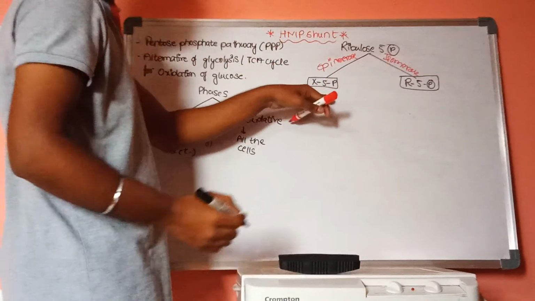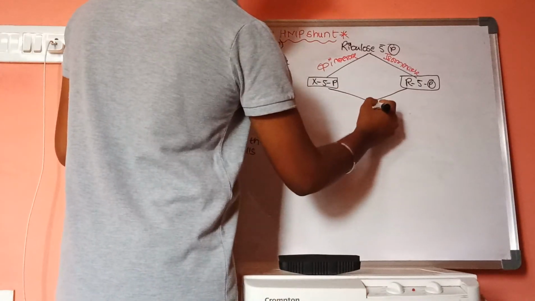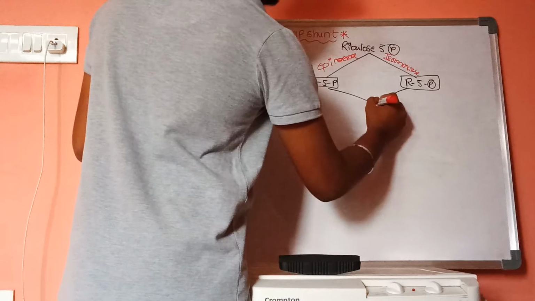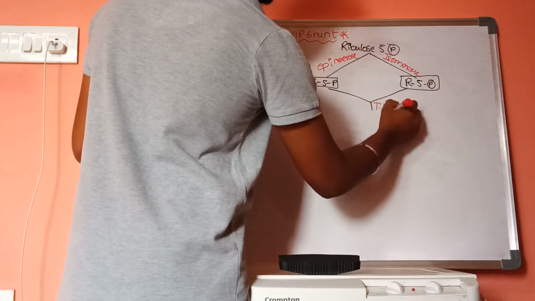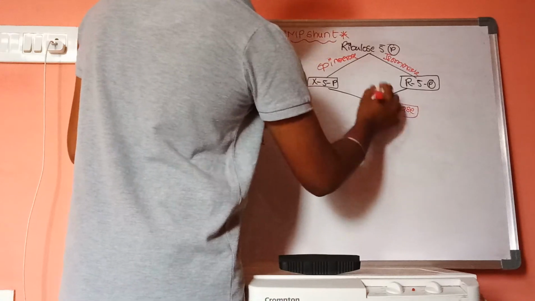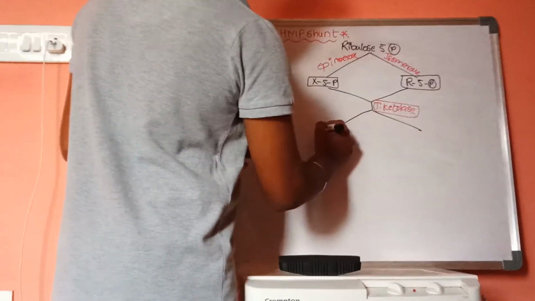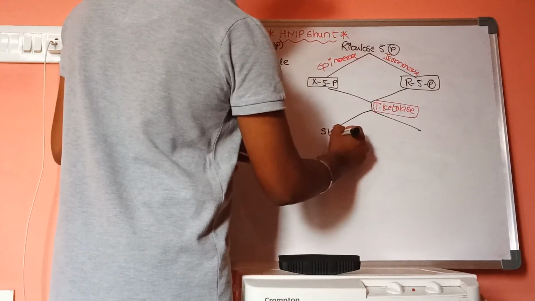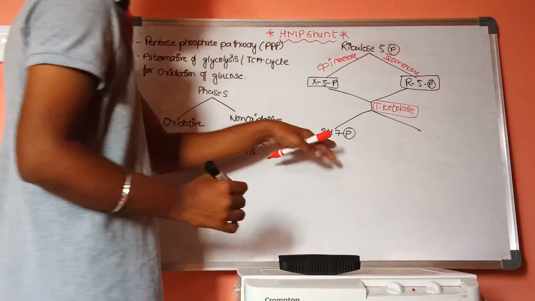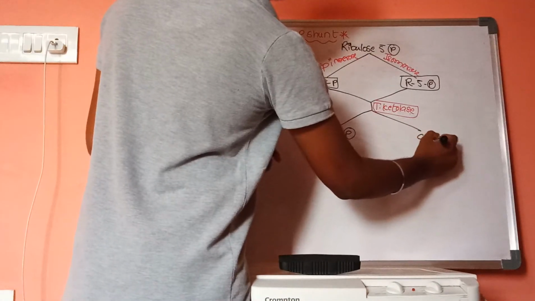Now this xylulose 5-phosphate and ribose 5-phosphate will get united with the help of the enzyme transketolase and will form two substances, that is sedoheptulose 7-phosphate and glyceraldehyde 3-phosphate.